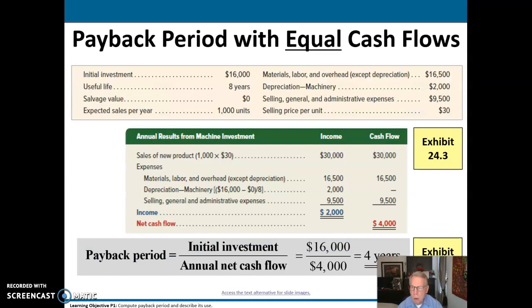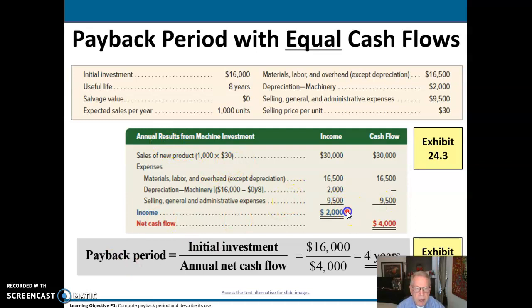Okay, so if we look at a payback period with equal cash flows, the arithmetic is very easy. In this case, we had an initial investment of $16,000. We think we're going to make $4,000 of cash flow. You can see that here.